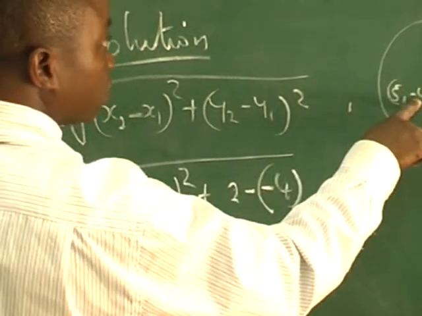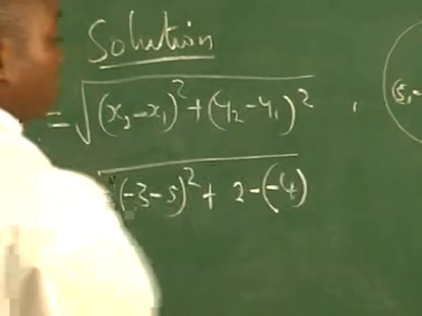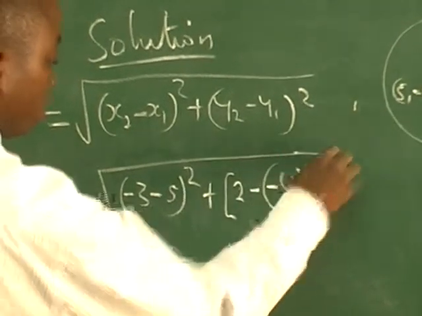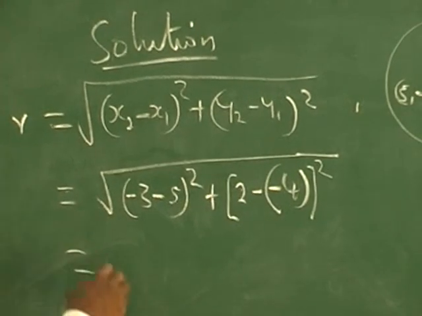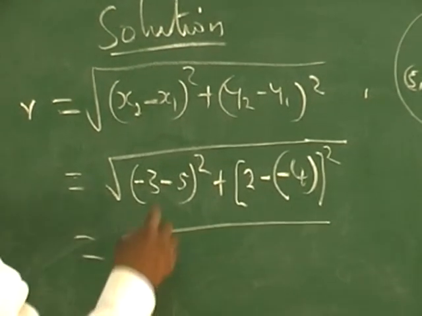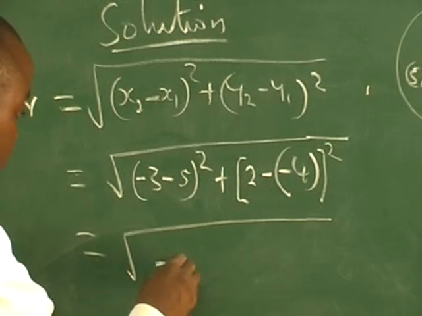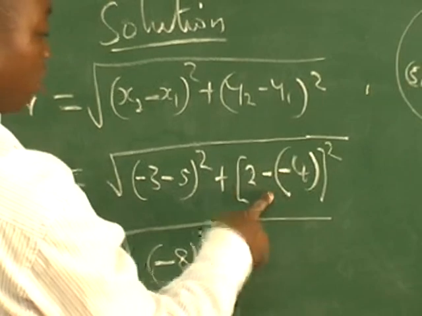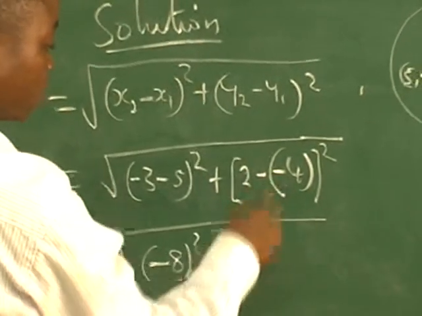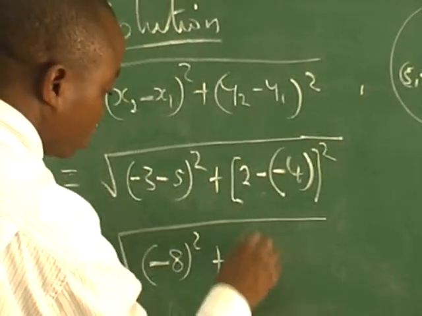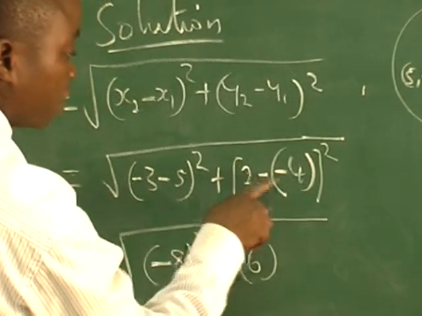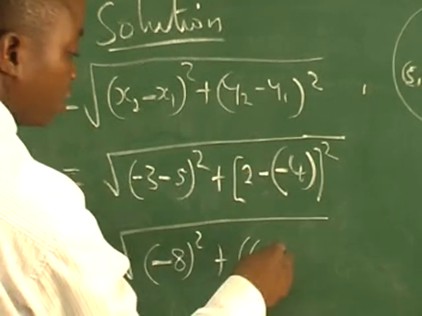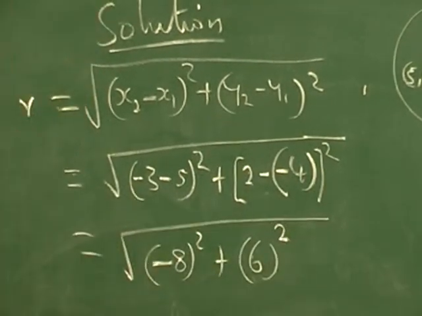So this is minus 4. Alright, so we have squared. Now that will give us the square root of minus 8 squared plus, of course, this plus this will give us 6. That is minus times minus 4 gives us plus 6. So we have 6 squared.